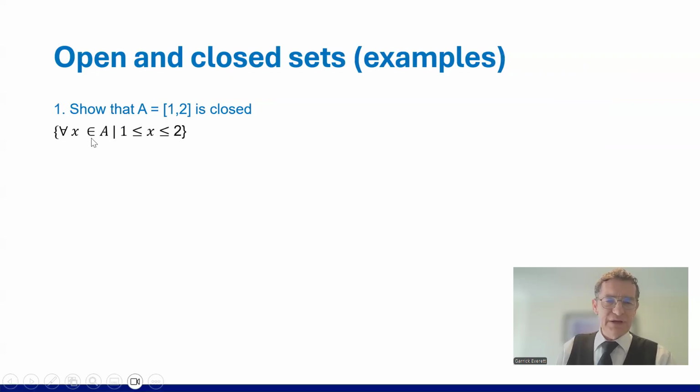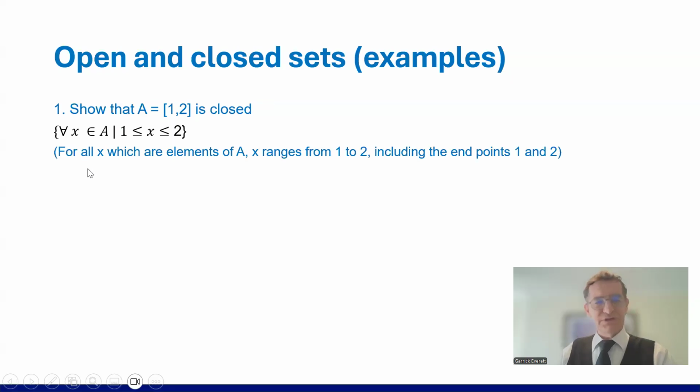For all x in A, x is between 1 and 2, including 1 and 2. And I've written this out here in words, just in case your brain is not clicking. So for all x, which are elements of A, x ranges from 1 to 2, including the endpoints 1 and 2.